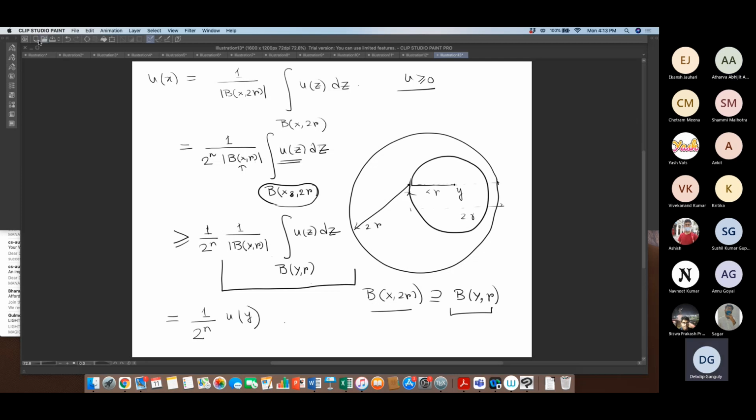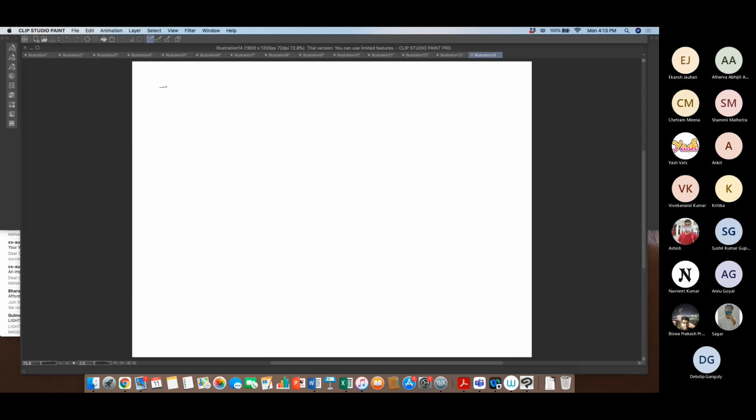So what I have proved is that u(x) is greater than or equal to 1 by 2 to the power n times u(y).